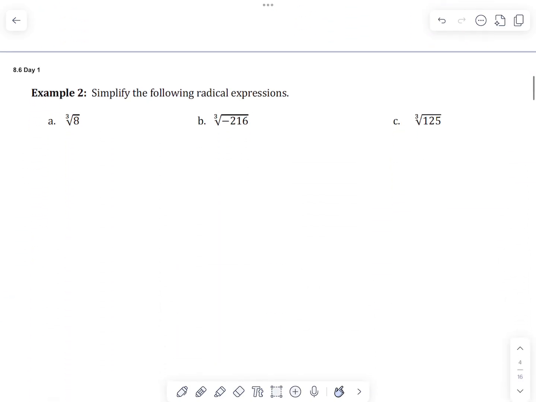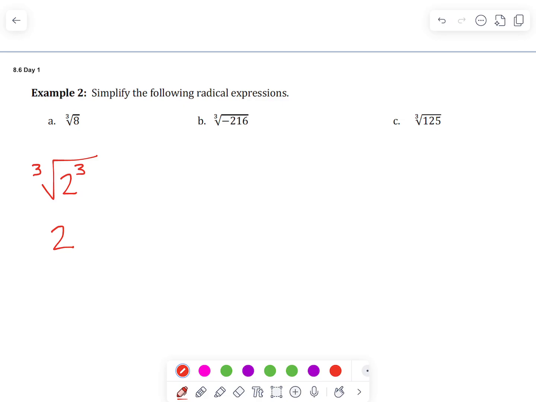Next one. Now we're going to go to odd indexes. So now we have an odd index. I'm just going to rewrite that 8 as 2 cubed. And so you're going to get 1 real solution because the index is odd.